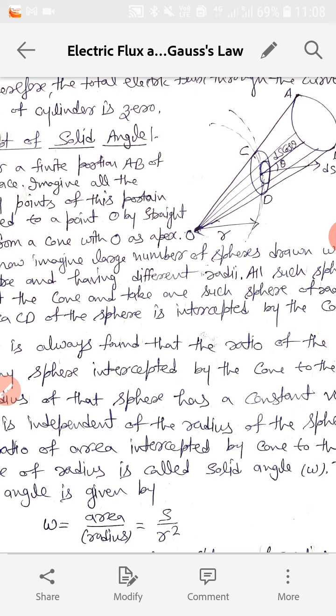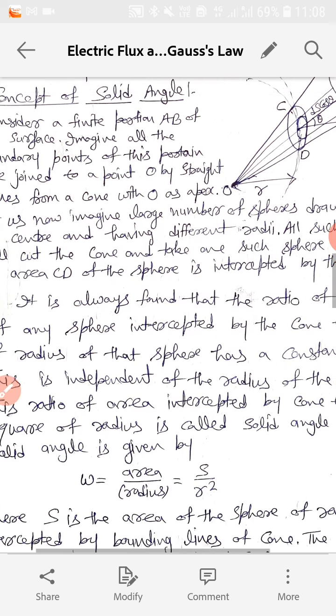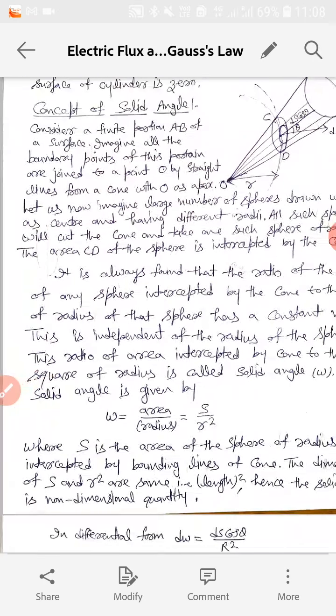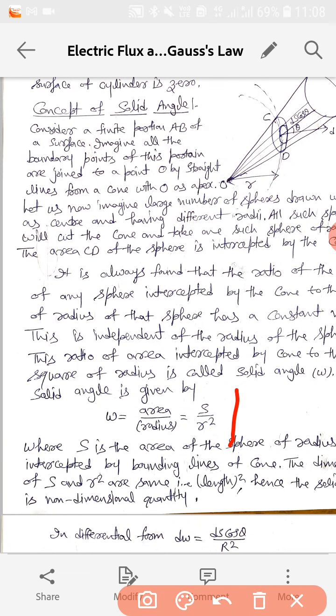So this ratio of the area intercepted by the cone to the square of the radius is known as the solid angle, and it is given by omega equals area by radius square, so S by R square. This is how we define solid angle. This is a very important definition of solid angle.